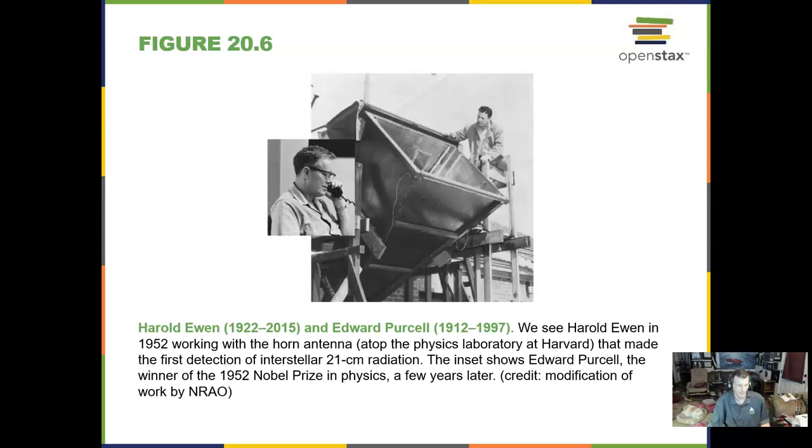What it's good for is studying the interstellar medium. Here we have Harold Ewen and Edward Purcell, who used a horn antenna at Harvard to look at 21 centimeter radiation.